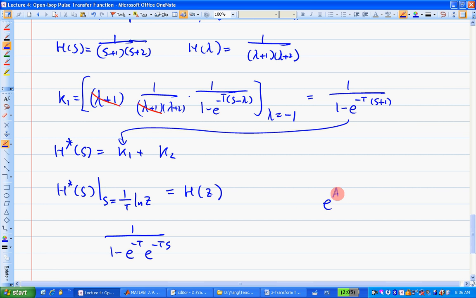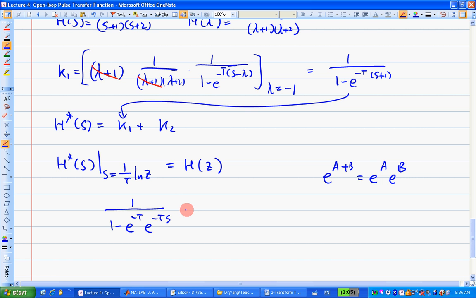And by the way, e to the power of a plus b equals e to the power of a multiplied by e to the power of b. If you recall from second year. So many mistakes, I have to mention that. This is a constant, so we don't have to do anything here.